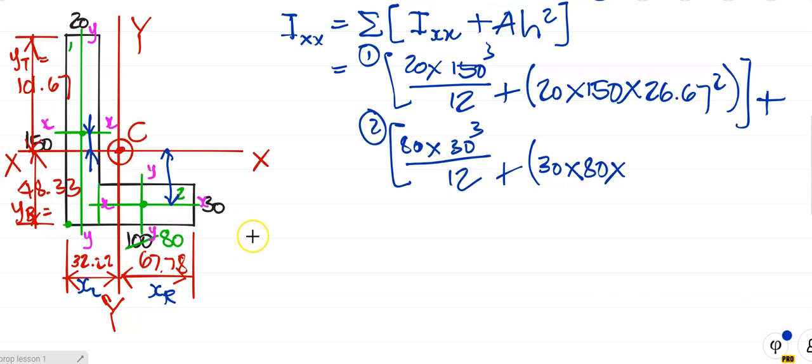Yes, we can, because we worked out y bottom in the previous section. So it's y bottom, which is 48.33, minus how far is it from there to there? Minus 15. So 48.33 take away 15 is equal to 33.33. So it's 33.33 squared, because the formula says so. Close the round bracket, close the square bracket, and you get the answer.